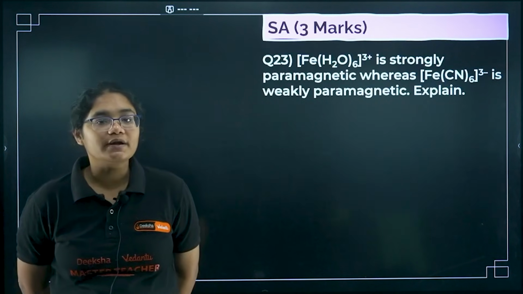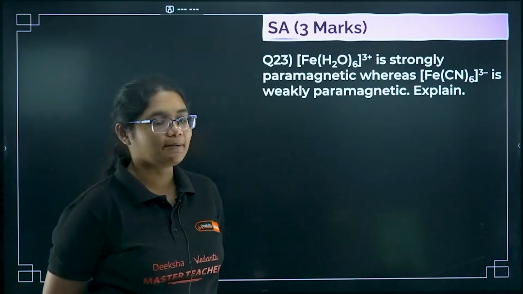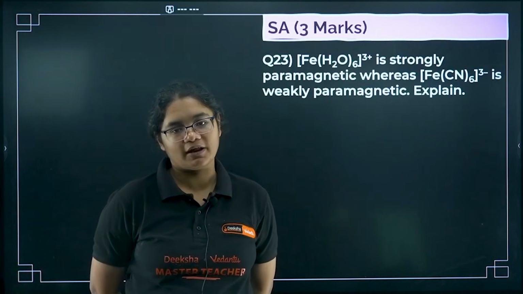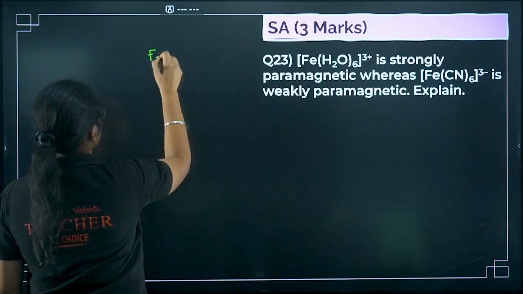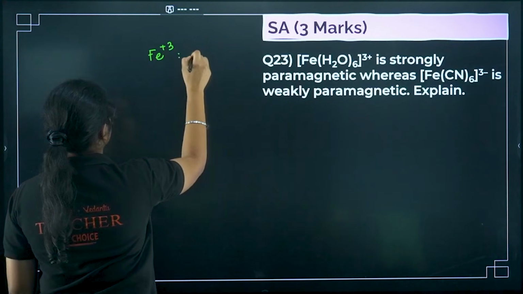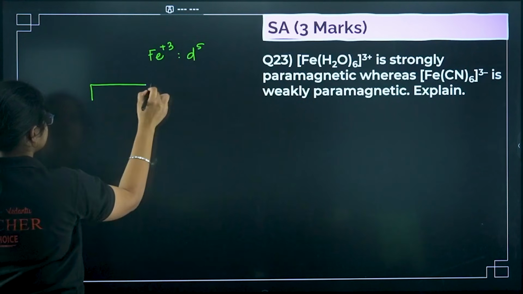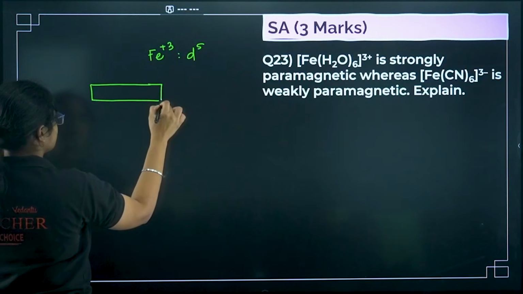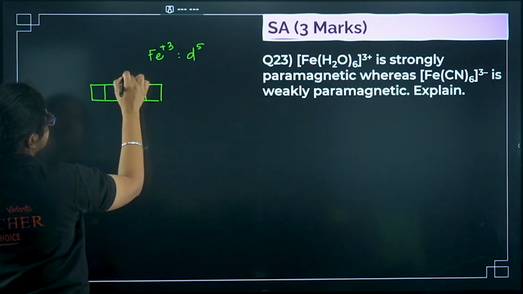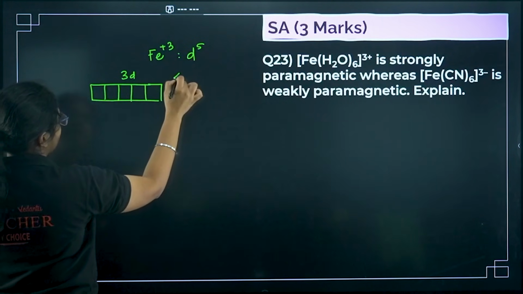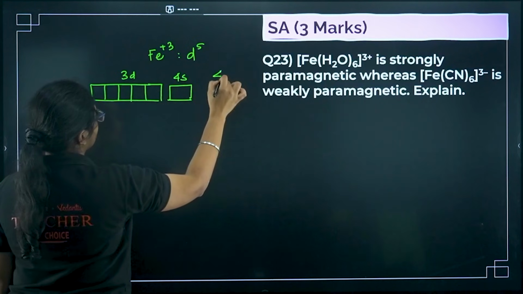Explain. Now strongly paramagnetic means you have more unpaired electrons, and weakly paramagnetic means we have fewer unpaired electrons. Now let us see, Fe3+ is d5 configuration. In the first one, you have 1 2 3 4 and 5. This is 3d, then we have 4s, and then we have 4p.